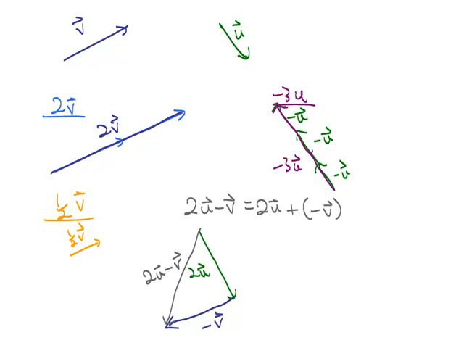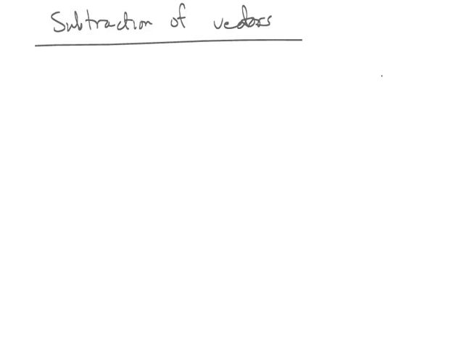Okay. And so again, that brings up this idea of subtraction of vectors. And we think of it simply as adding the negatives. So let's suppose I have a vector a that looks like this and a vector b that is equal to this vector. And let's suppose I want to find a minus b.